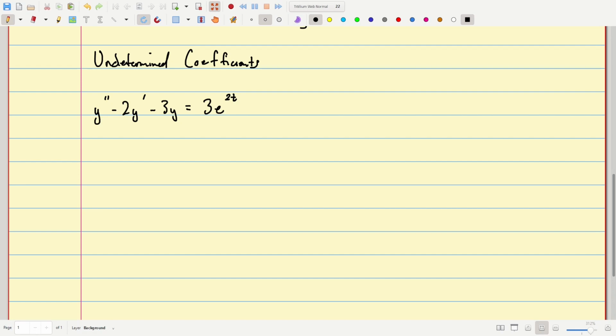Okay. So our first step is to just deal with the homogeneous case. So we assume that the right-hand side is 0. We write down the characteristic equation. This happens to be an easy one.